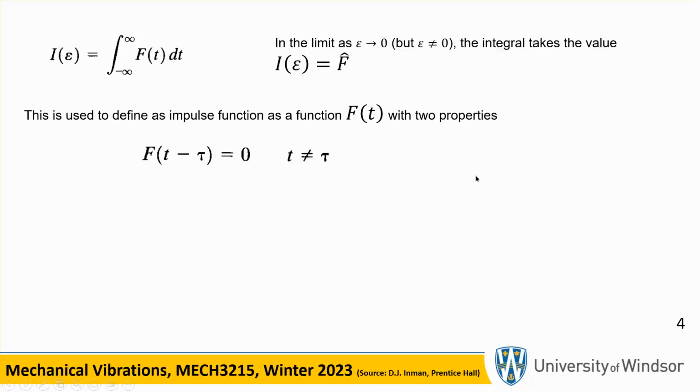Only at t equal to tau, there is a value for the function such that the integral of that weird function that we're talking about is called f hat. It's a constant. f hat can be 1, it can be 2, it can be -3, etc. The point is that it's a function that's zero everywhere except for that one point, but it has an integral, and the integral of it we call f hat.